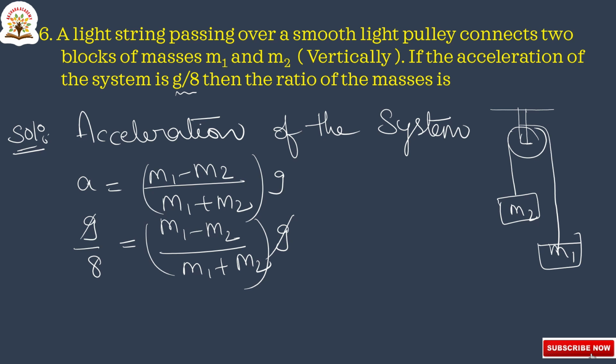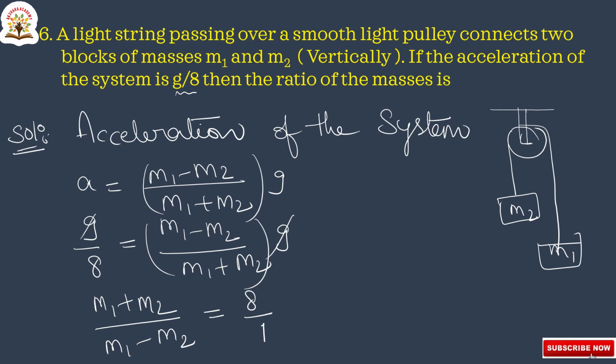Next, now we have to calculate the ratio of masses. So this can be written as M1 plus M2 by M1 minus M2 is equal to 8 by 1. 1 by 8 becomes 8 by 1.